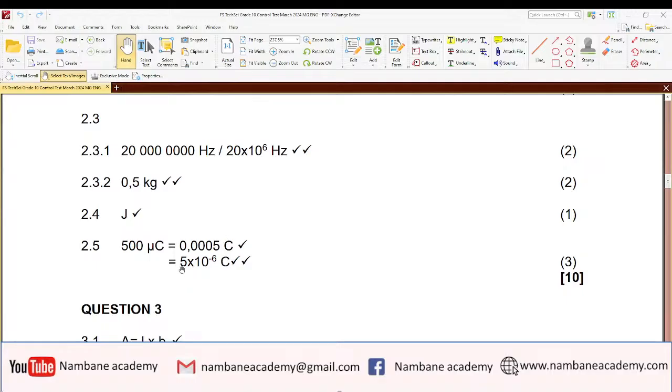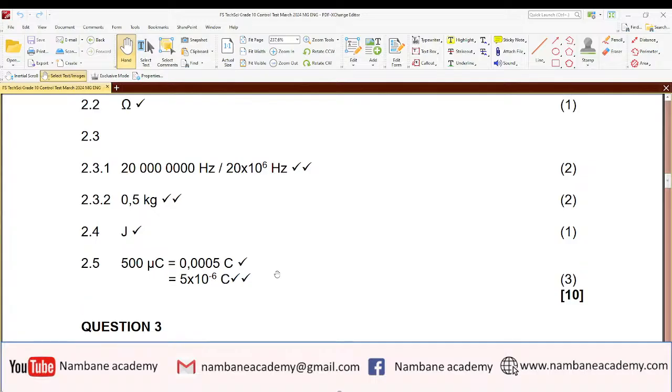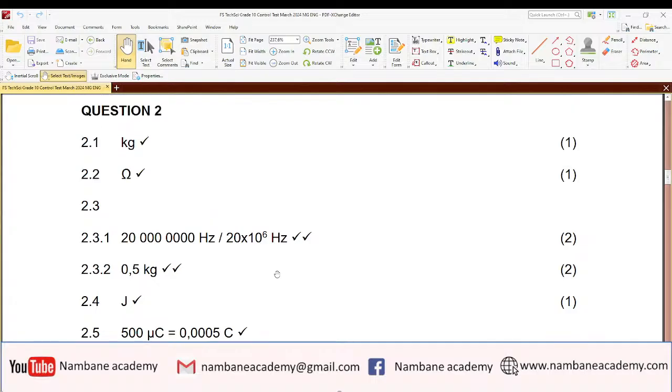That is now 5 multiplied by 10 to negative 6 coulombs, ladies and gentlemen. And that's basically it with question number 2.